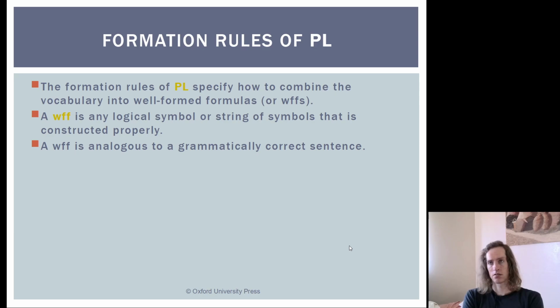So, for example, I can't say apples are, something's missing there. I can say apples are good. I can't say good apples are. If I mix things up, then the meaning gets lost and it doesn't make any sense.